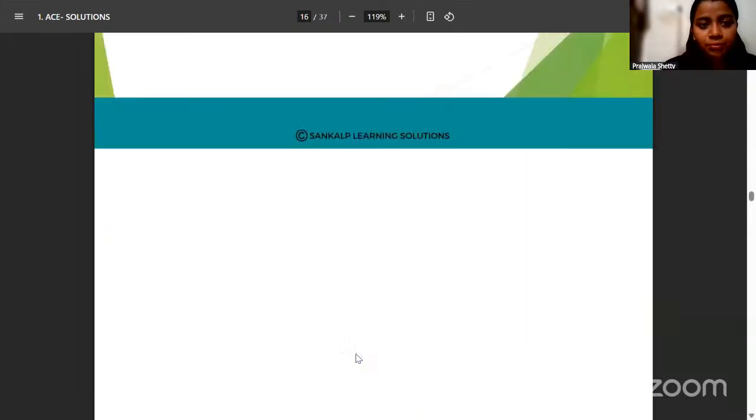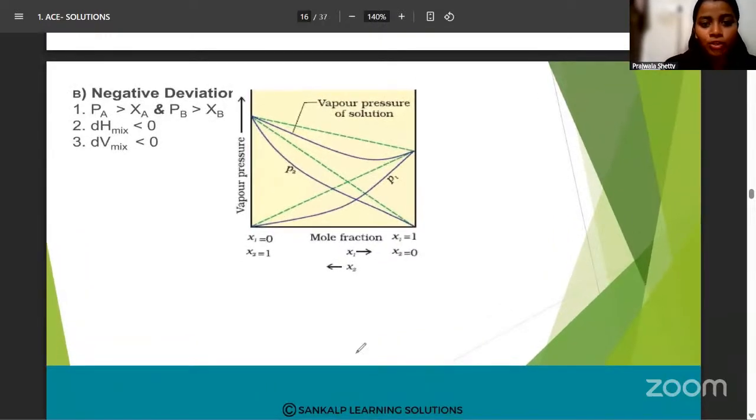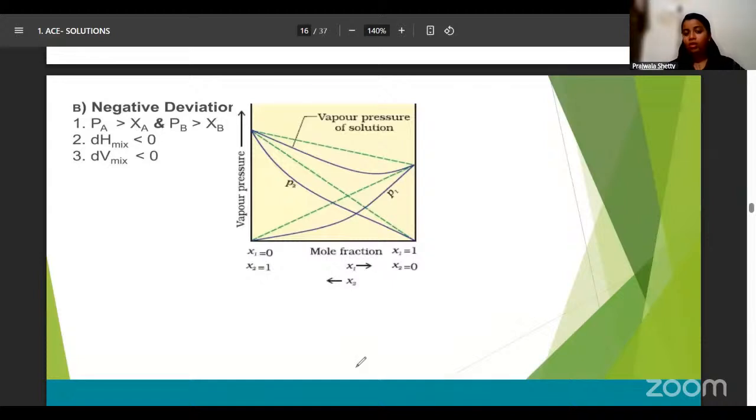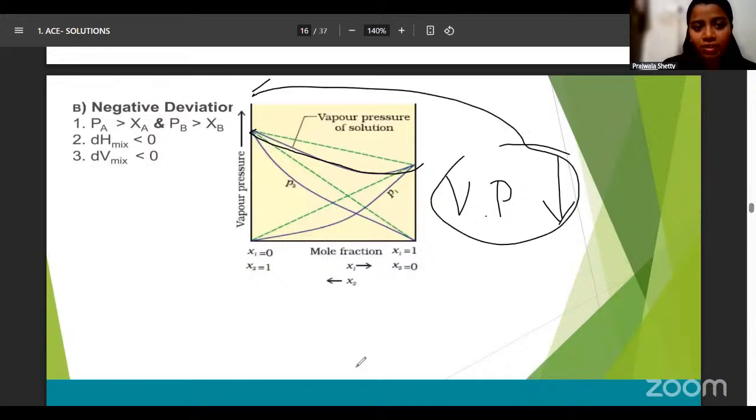Negative deviation. What do you see here? As I told you previously, you have a green line, which is the predicted Raoult's law. The purple line is below that green line. That's why you consider it as negative deviation. It exhibits lower vapor pressure, which means negative deviation. Remember, if vapor pressure is low, it is negative deviation.